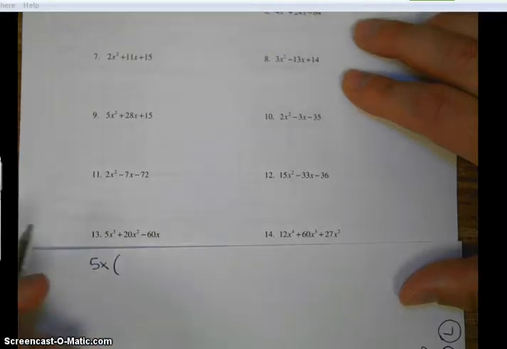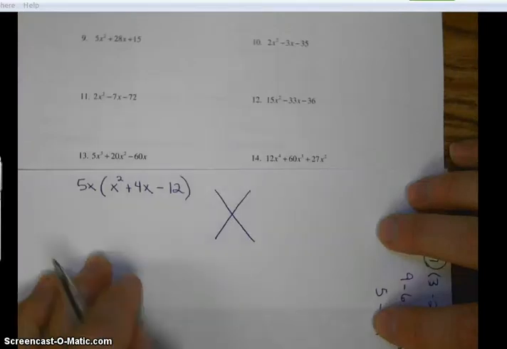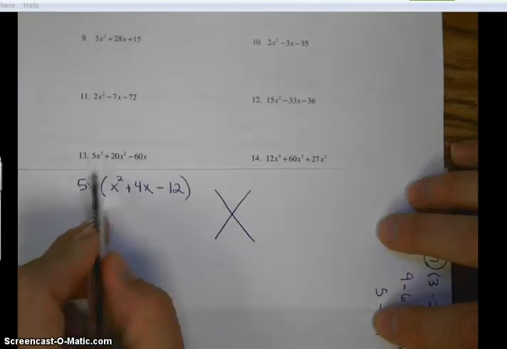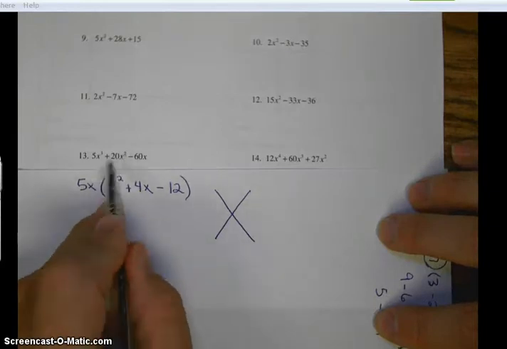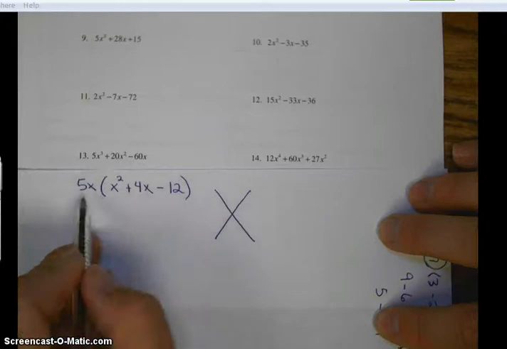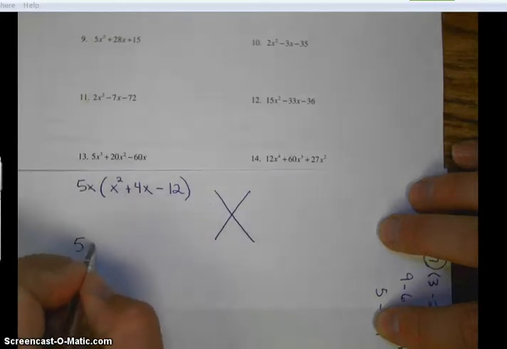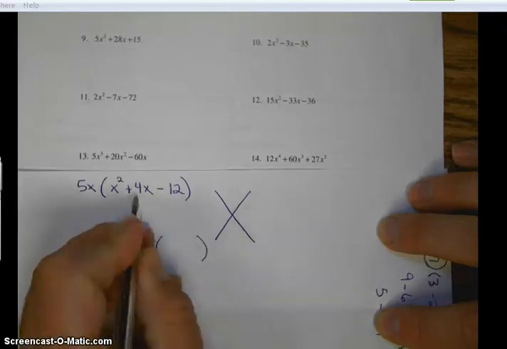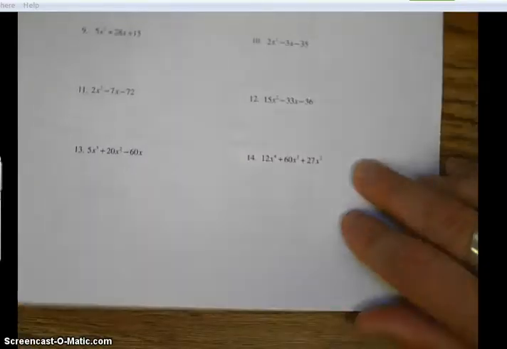So remember, we're dividing. So 5 divided by 5 is 1. Okay, so I divided each term by 5x. Notice 20 divided by 5 is 4. 2 take 1 away gives us 1. And then I did the same thing on the last one. Now, 5x is going to be one of the factors. We have to try and factor this using the X factor. Okay? Moving on.